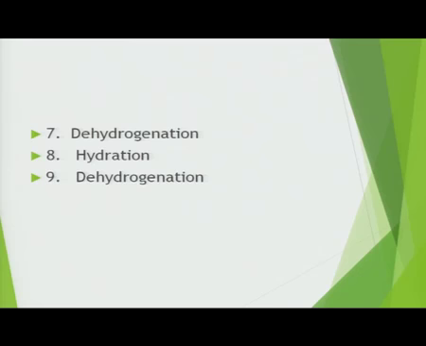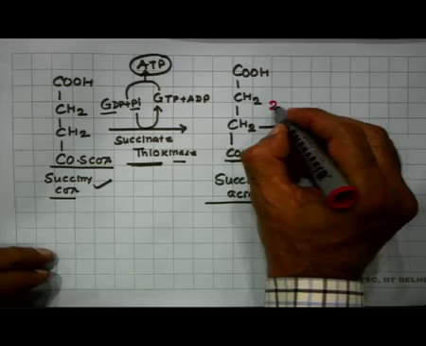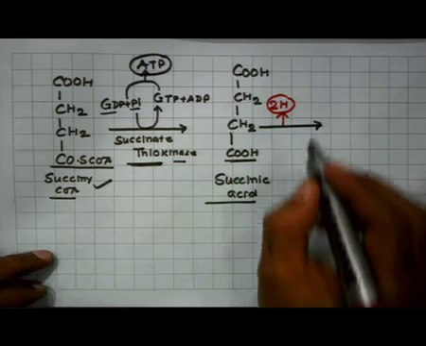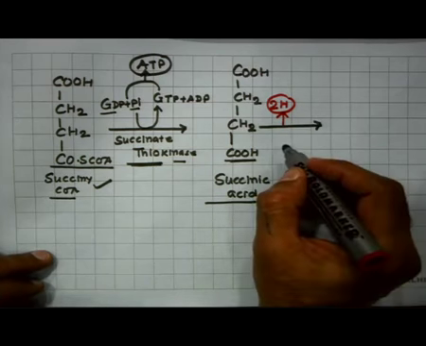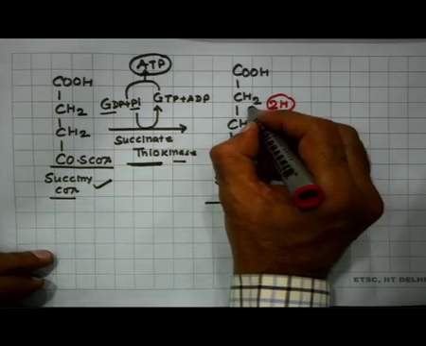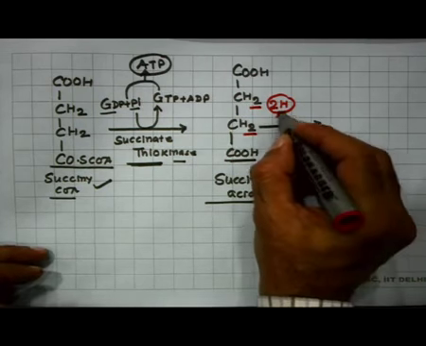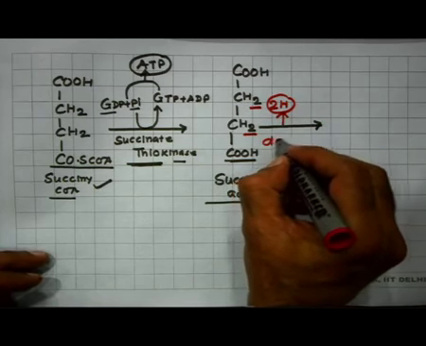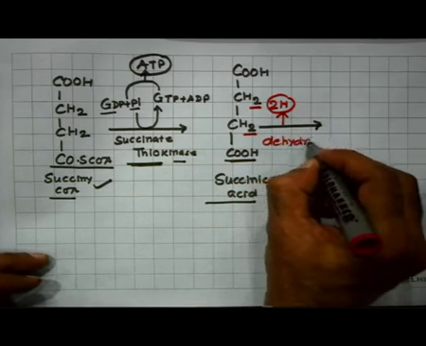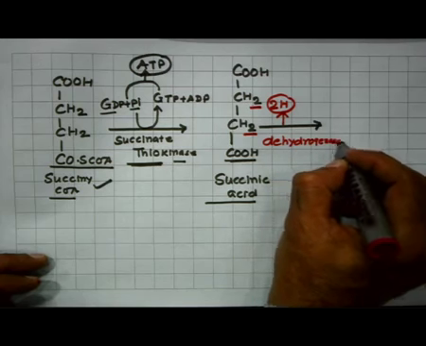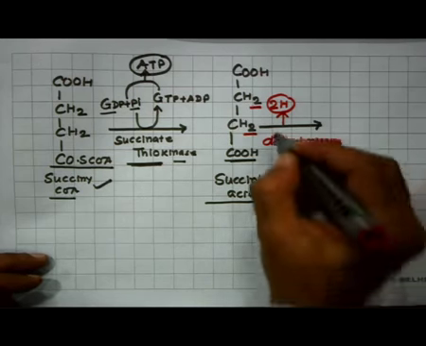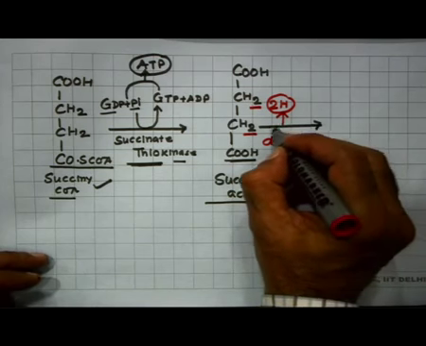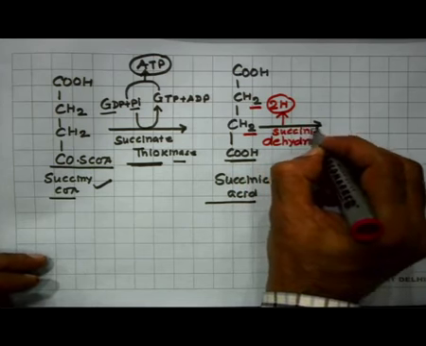Now, the next and seventh step of the Krebs cycle is dehydrogenation. In dehydrogenation, hydrogen is removed from this and this. The enzyme involved is dehydrogenase, no doubt. Here the substrate is succinic acid, so we can say succinic dehydrogenase.